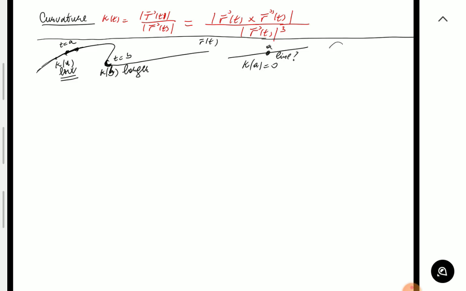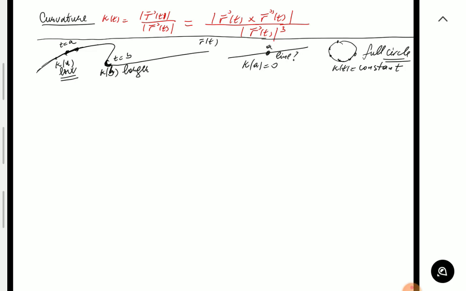What about a full circle? Can we say something about the curvature? Well, we have to compute it, but one thing I can tell you for sure is that it's going to be a constant. It's a full circle. There's the same amount of turn compared to the distance traveled, no matter where I am in the circle.